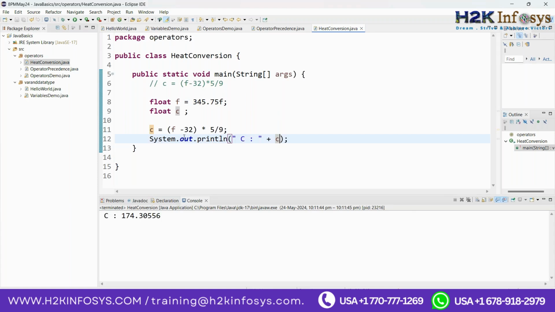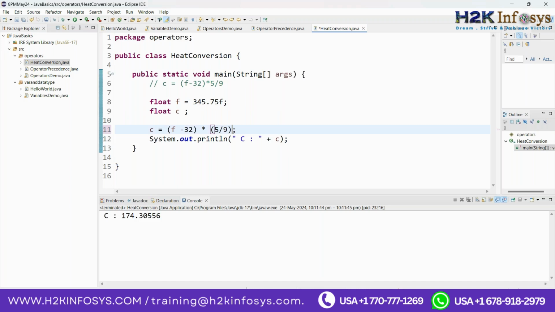Now, this is the expression. If you observe what is happening, the F value is subtracted with 32, and the total is multiplied by 5 and then divided by 9. This is what the formula is. In case you feel over enthusiastic and write it differently, this is not your correct expression.